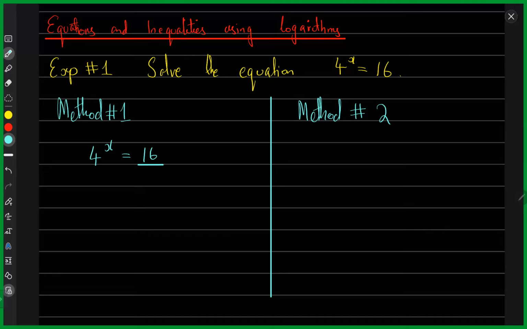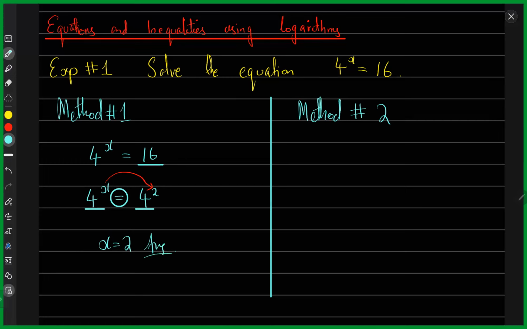I know 4 multiplied by 4 is 16, so I can actually write it as 4 power x equals 4 squared. And what do I see? I have two bases. Both the bases are equal. This expression is equal. This certainly means that these two powers are also equal. So this means x is equal to 2 and this is going to be your answer.